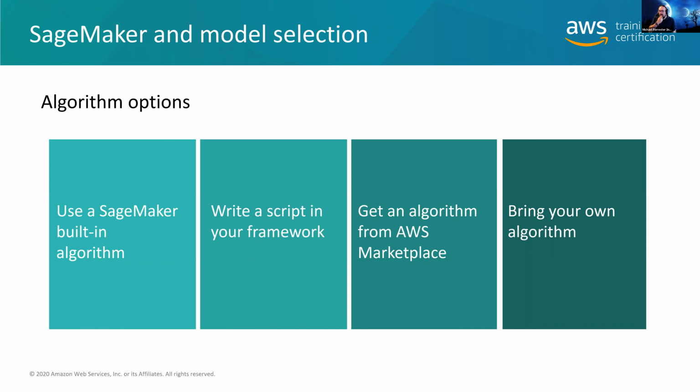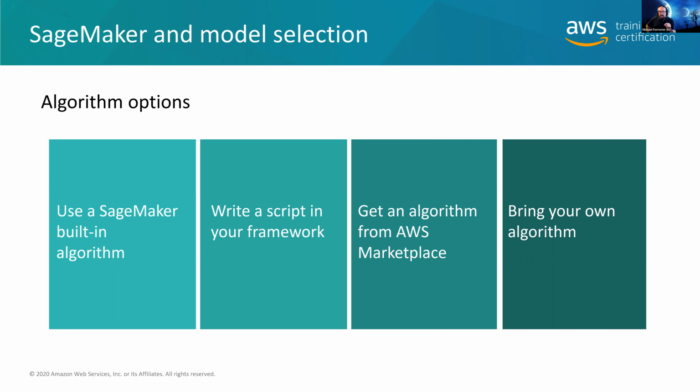And by the way, SageMaker works off of this concept of containers, which is like process virtualization. So you can build your own Docker container, shove it into ECR, which is the Elastic Container Registry, and SageMaker can consume it and process your data based on the containers you create.